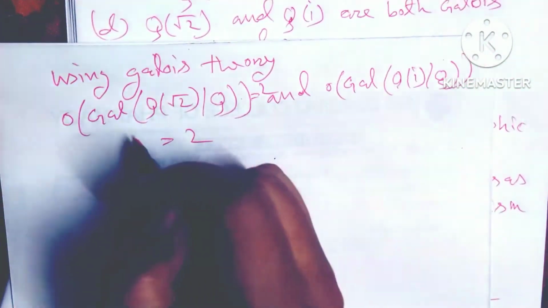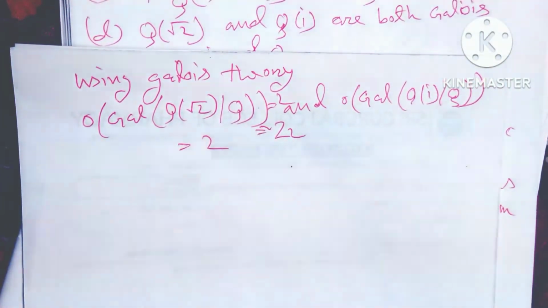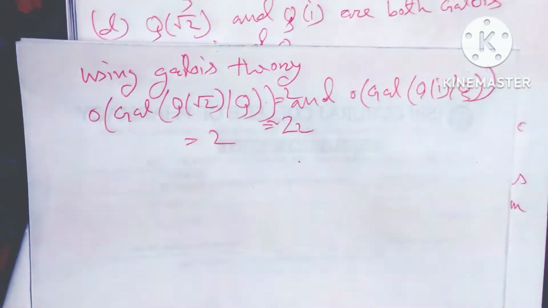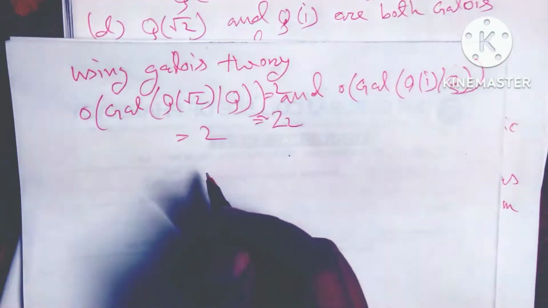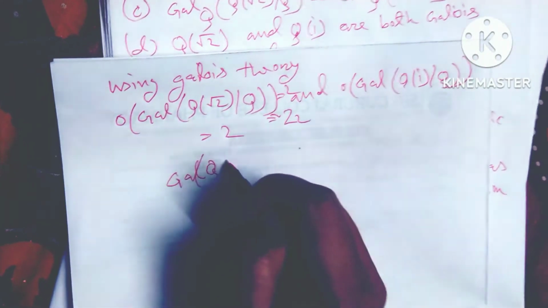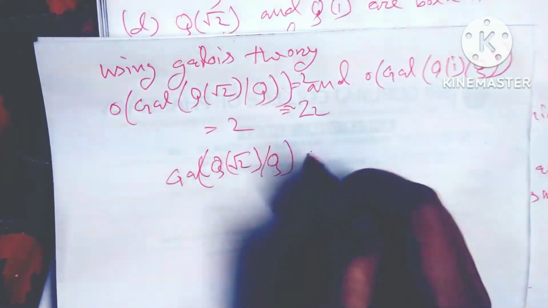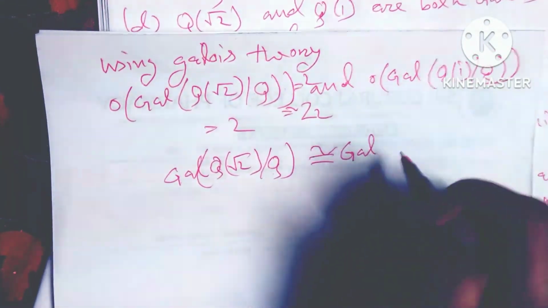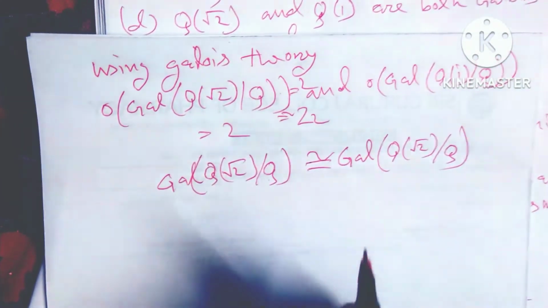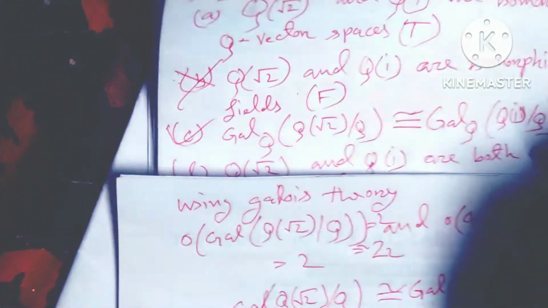So both are isomorphic to Z2. So option C is correct. That means Gal(Q(root 2)/Q) is isomorphic to Gal(Q(i)/Q). So option C is true.